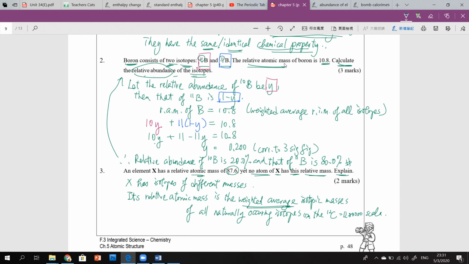Is that clear? So you may find this one is just the weighted average. The keyword is the word weighted average.